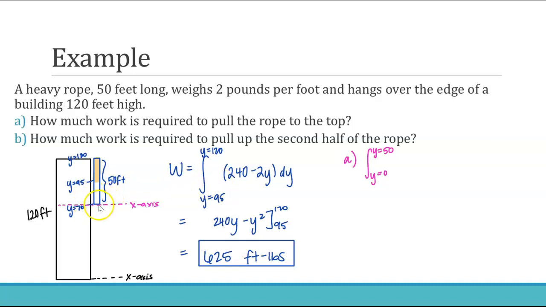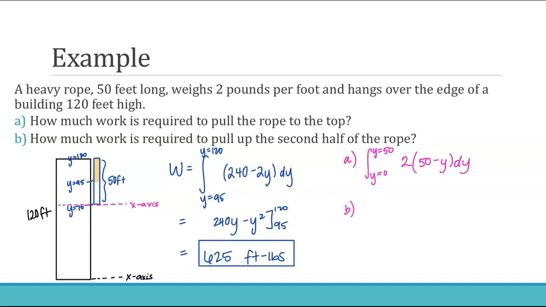However, that is also going to change your force function. It's still going to be 2 pounds per foot, but now that arbitrary distance traveled isn't going to be 120 minus y, it's just going to be 50 minus y dy. And that does give you the same answer, that 2,500 foot-pounds.